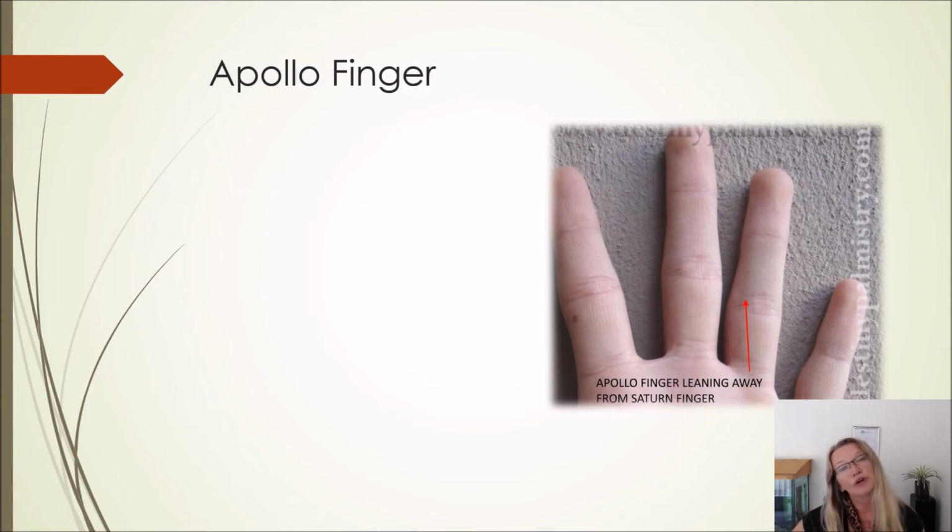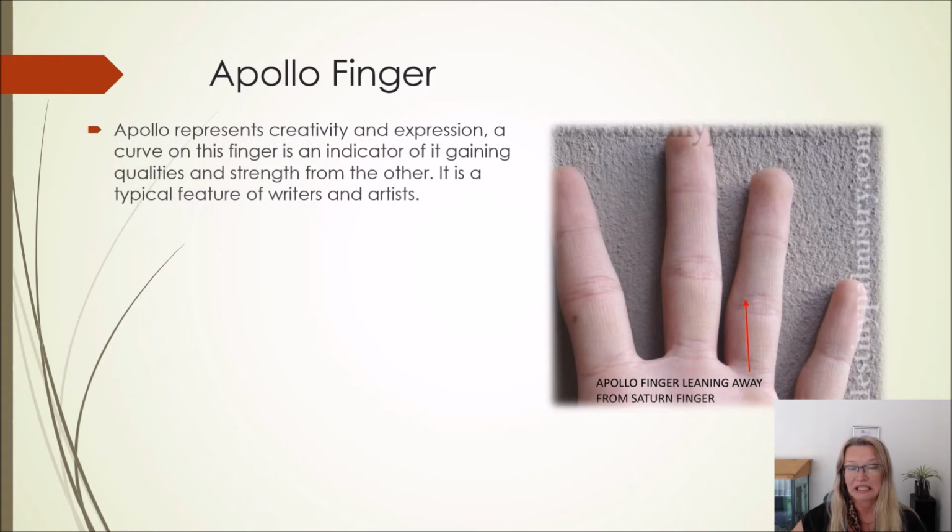Going to the ring finger now. Apollo represents creativity and expression. A curve on this finger is an indicator of it gaining qualities and strength from the other. It is a typical feature on writers and artists.